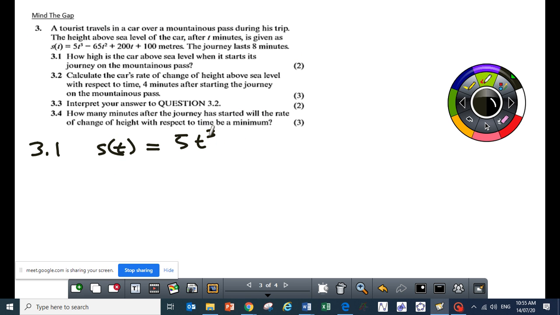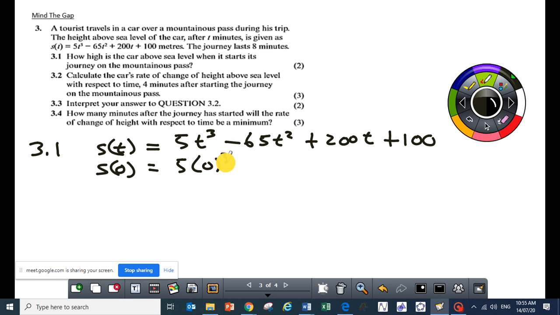5t cubed minus 65t squared plus 200t plus 100. So where there is t, you substitute 0 there. So s0 is equal to 5 times 0 cubed minus 65 times 0 squared plus 200 times 0 plus 100.